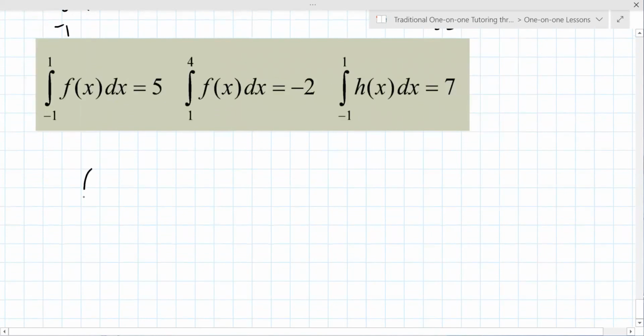So real quick again, let's say it's the integral from 1 to 4, 3 f of x minus 5 dx.